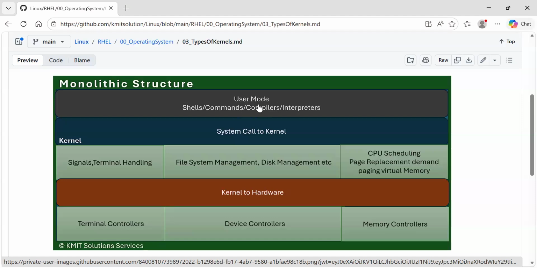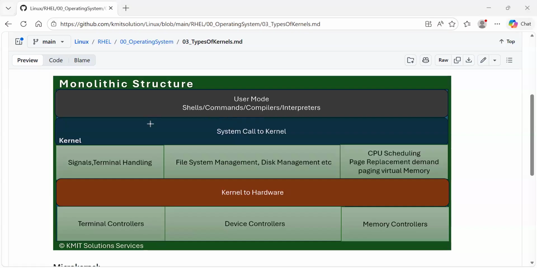Here we are having the user mode. In the user mode, we are having shell commands which the user basically gives. Okay, so the user is asking the ls command, the pwd command, or any command or any shell script or something related to a program where it needs the compiler and interpreter.